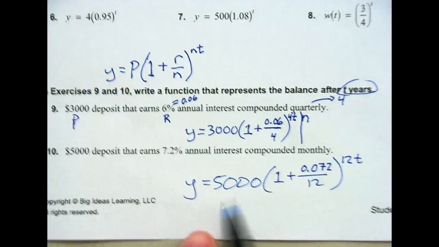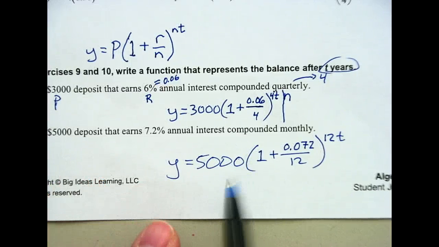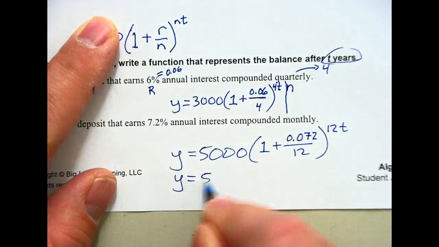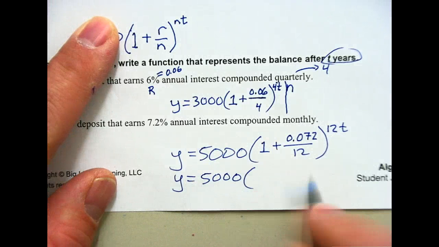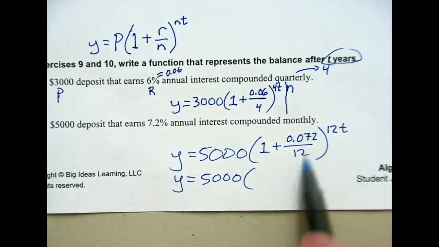All right. Everyone's attention here, just real quick. Guys, there's really one more thing that you're going to see done to this. It's nothing major, but I'm going to rewrite this. Will you please divide 0.072 by 12 and then add it to 1? Thank you. 0.072 divided by 12.